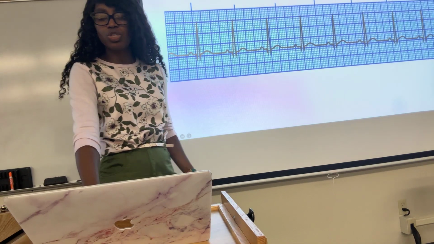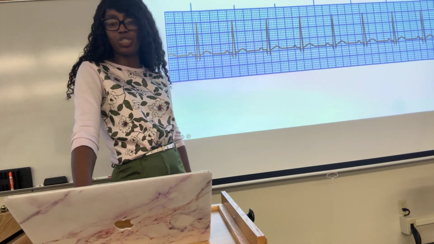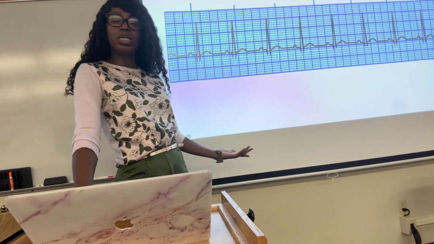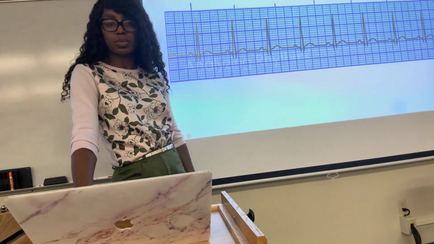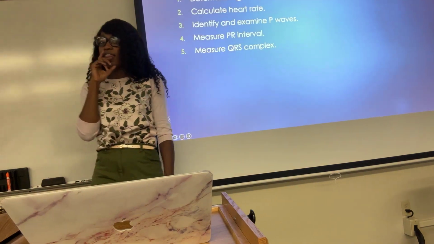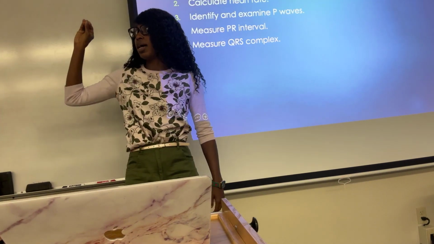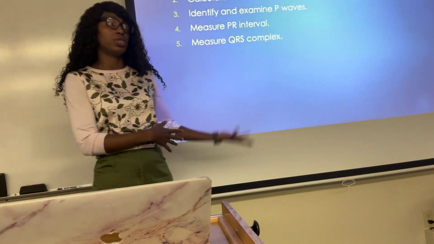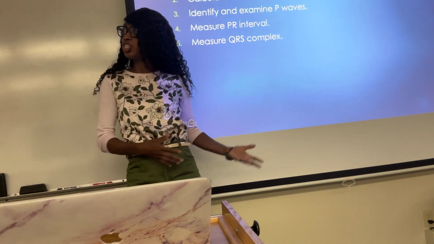Okay. So to calculate heart rate, we already mentioned what to do. We do the 1500 or the 6 second, depending on if it's regular or irregular, or the 300 if it's regular. Okay. Now let's analyze some rhythms. So remember I mentioned that we're going to have some words to help us identify what the problem is, or we can have numbers, okay? So the calculation helps us with the numbers.